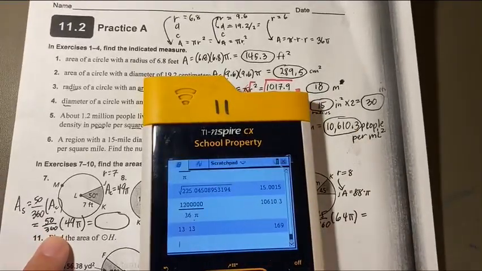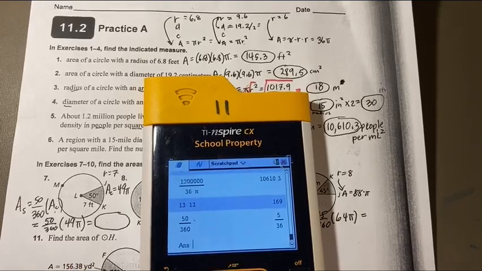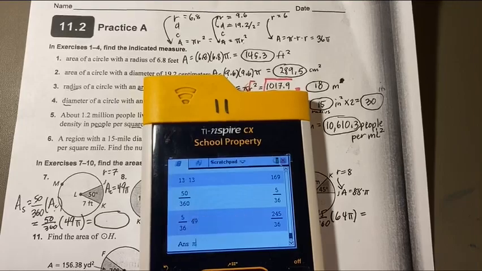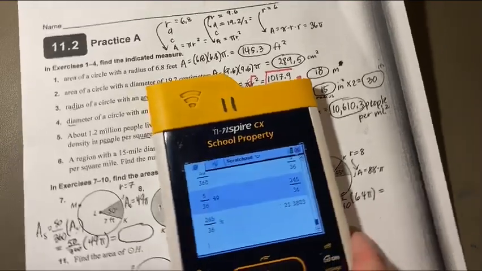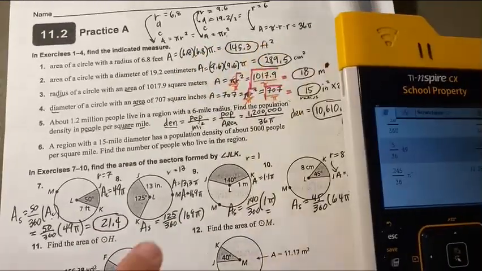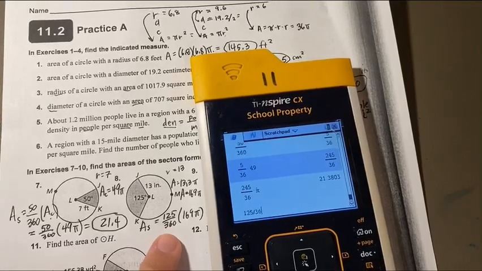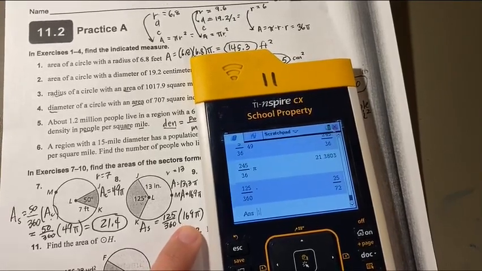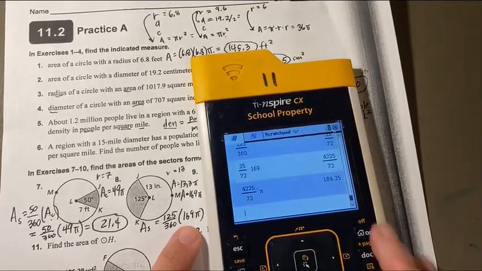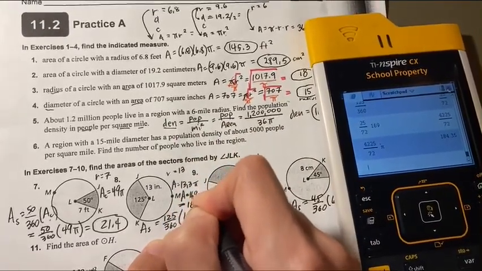This first one, 50 divided by 360, enter, times 49, enter, times pi, enter. Oh, and I got 21.4. All right, this one, 125 divided by 360, enter, times 169, enter, times pi, enter. 184.35.